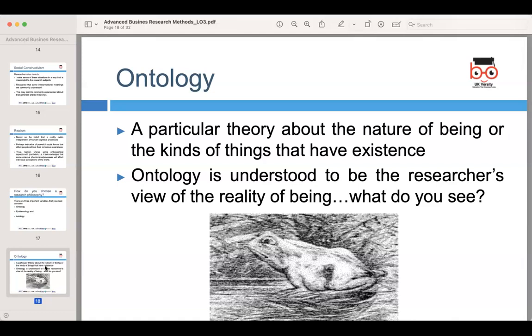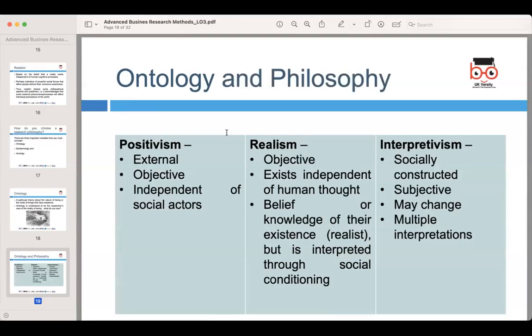So first, let's talk about ontology. Ontology is about understanding the nature of reality and what exists in the world. When choosing a research philosophy, you need to decide whether you believe in a single objective reality or multiple subjective realities.